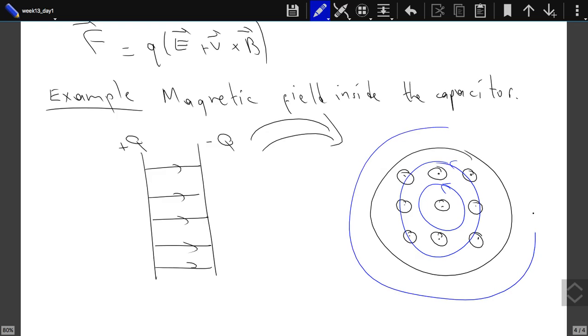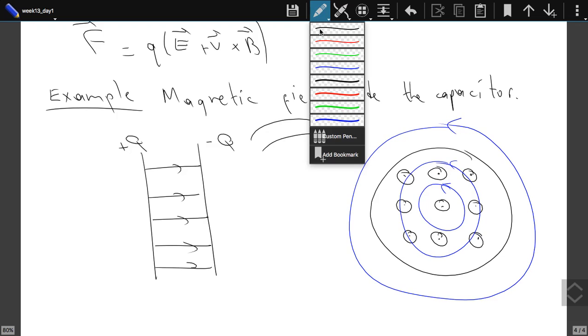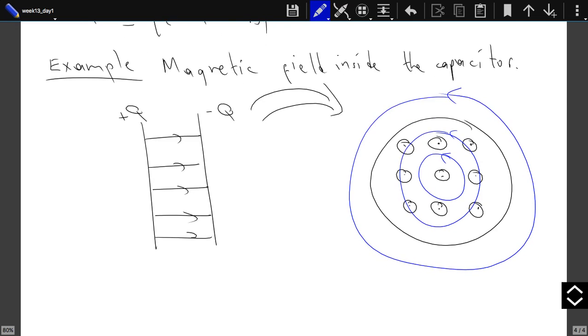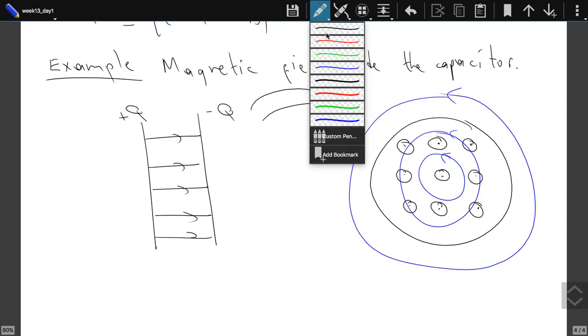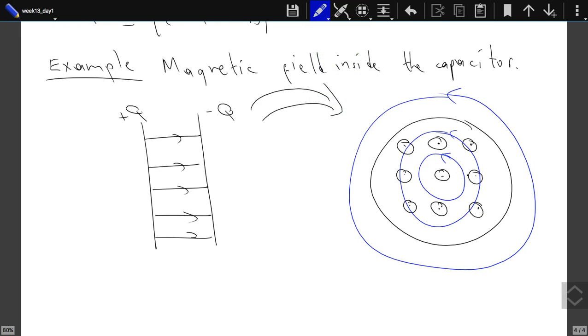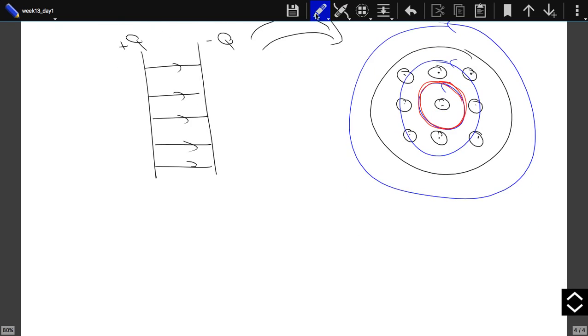We don't yet know their direction, but we can just pick one direction to be the positive direction of the magnetic field. Now let's imagine this circle over here, inside my plate. Let's say that dl is in the direction, let's just call the direction of dl theta hat.